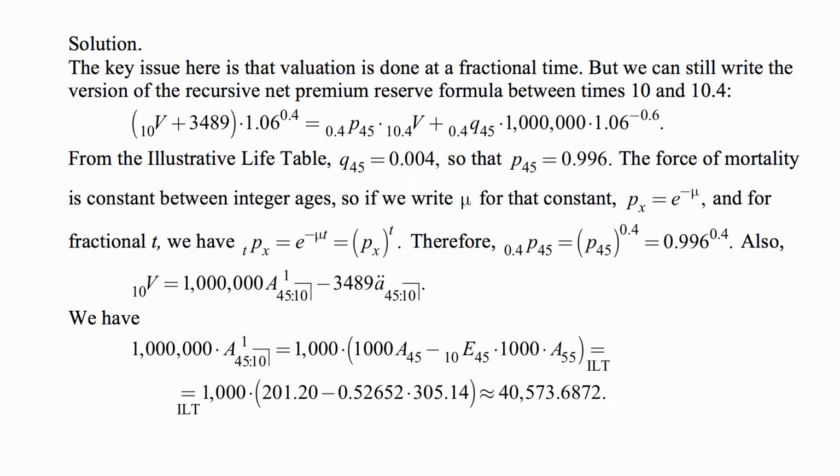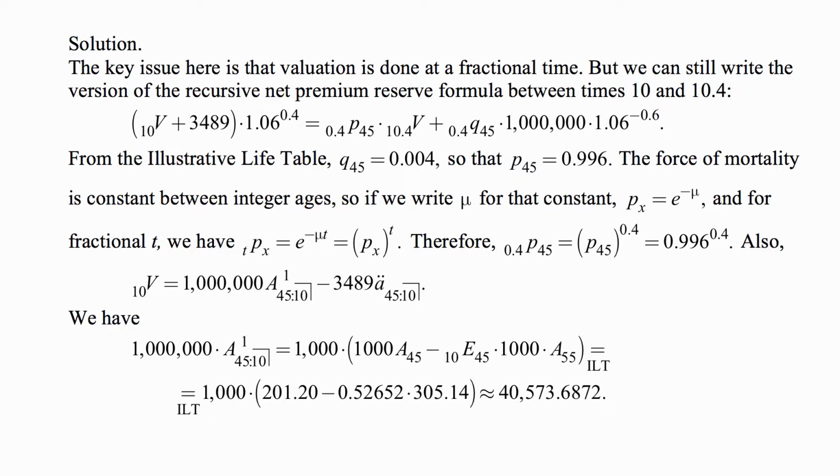And we can find the values that we need for this from the illustrative life table. First we have a million times A 45 colon angle 10 with 1 above 45. That's 1000 times 1000 A45 minus 10E45 times 1000 A55.